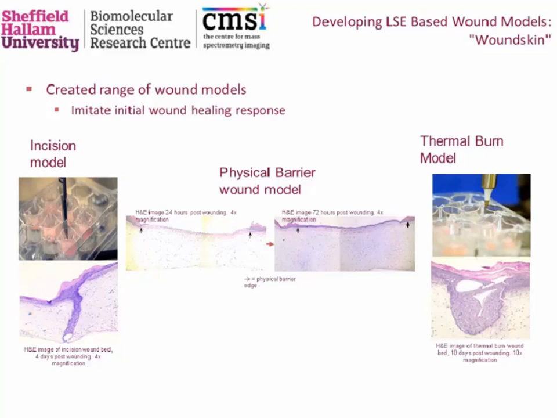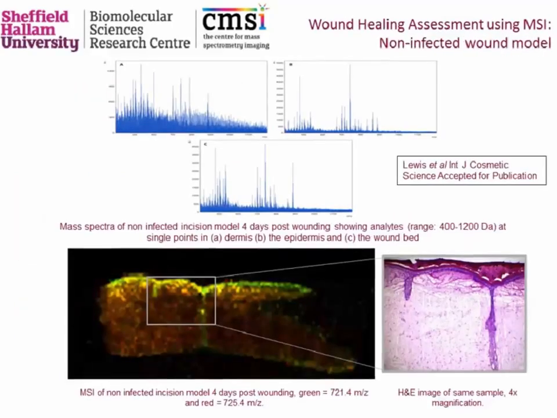And what we found was that in terms of producing a wound healing process within a reasonable time period that we could study, the best way to do it was as a simple incision model. And that is, we've produced a device that is able to actually stab the skin with a scalpel blade to a controlled size and controlled depth that we can then examine using the mass spectrometer or conventional staining techniques.